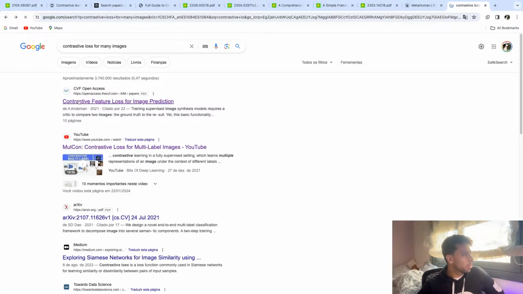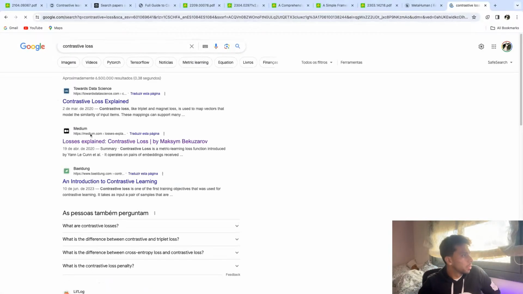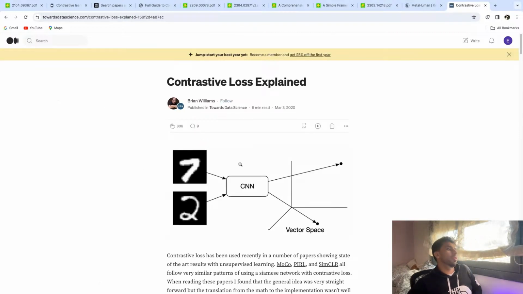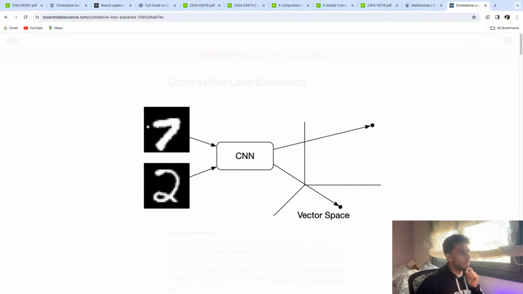But we're going to start with something easier to understand, the contrastive loss. So we're going to search here for the contrastive loss. Yes, there is this. I really like this image because in it we can observe that we have two different images representing numbers, but then we are using CNNs to get a representation in some vector space, and that vector representation of the one is going to result in this point of the space, and the two is going to be this point.